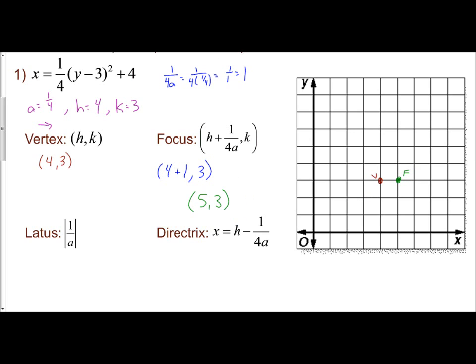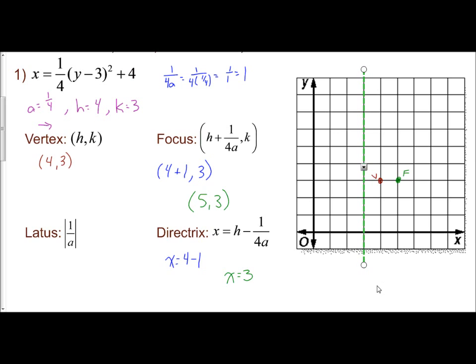The directrix is x equals h, which is 4, minus 1 over 4a, so 4 minus 1, which gives me x equals 3 as the equation of the directrix. To graph the directrix, remember we use a dashed line, and this is going to be a vertical line because it's x equals.